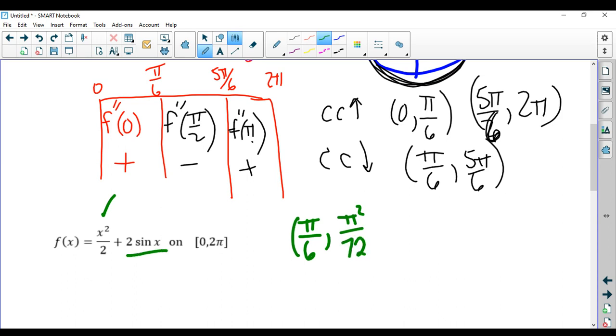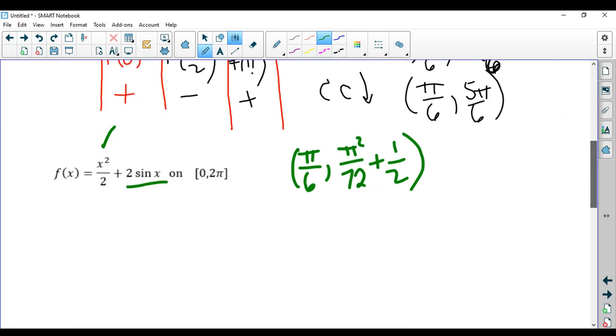And then plus 2 sine of pi over 6. Sine of pi over 6 is 1/2. So that's the y coordinate. You can use a calculator and make that a decimal if you wanted to.